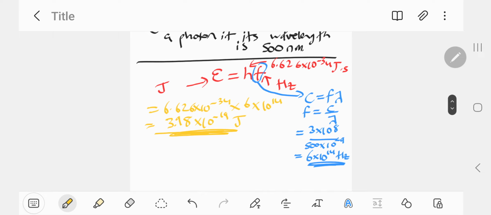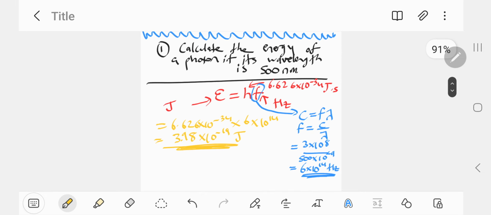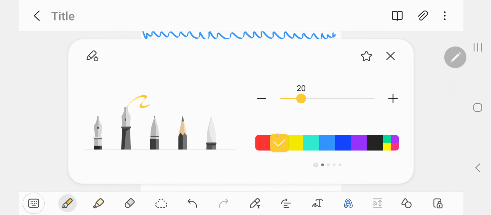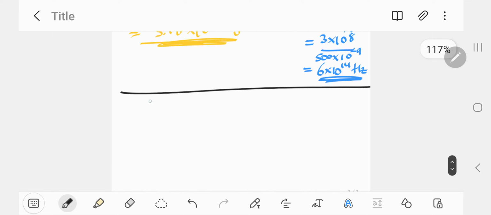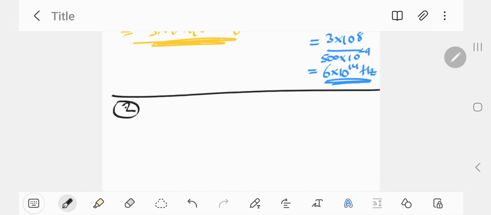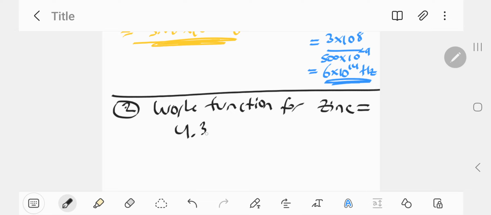The next type of question I find students sometimes struggle with is that involving stopping voltage. Let's look at that. Suppose we're given the work function for zinc to be 4.3 electron volts.